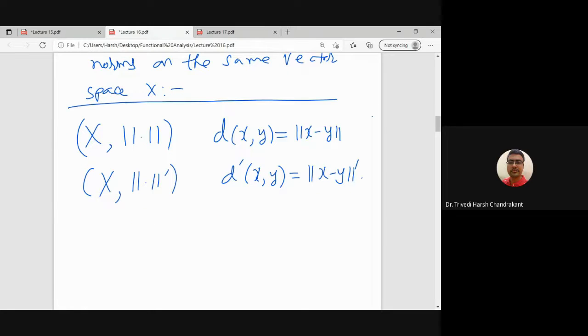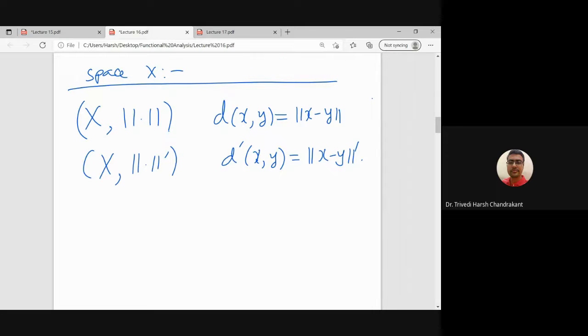So either we say the normed linear space is stronger, or the corresponding metric space is stronger, depending on convergence of sequences.